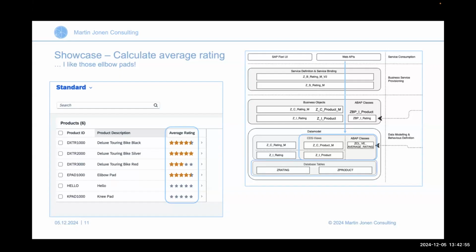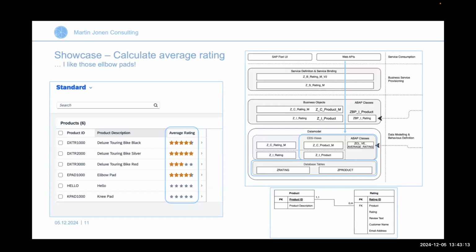This CDS view is also related to the database tables set rating and set product, which are related by the product ID. So the product ID is a field in the rating table. And so we have this relationship: product ID, one line, rating table 0 to M lines.